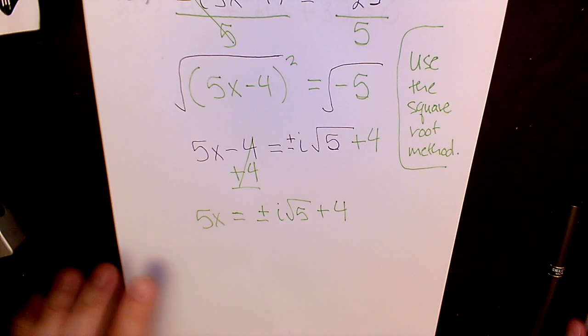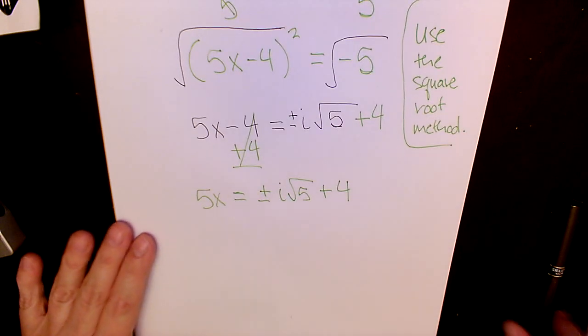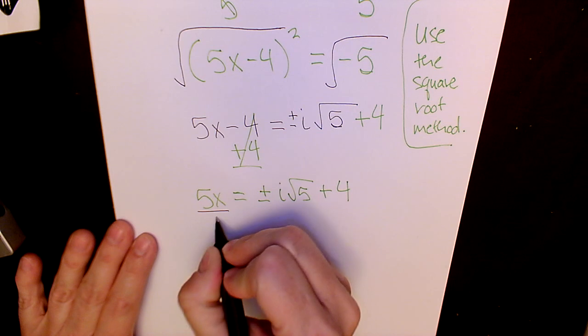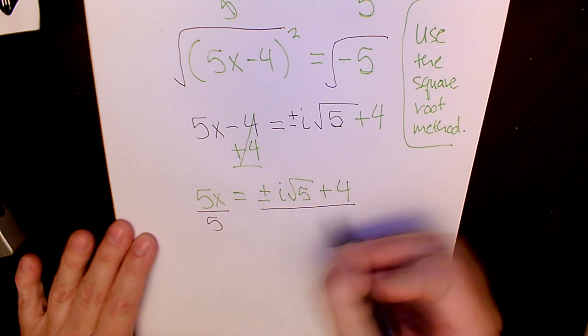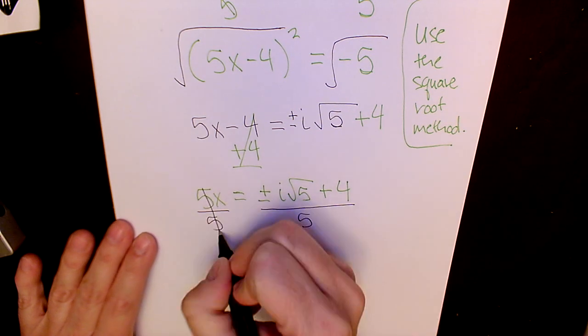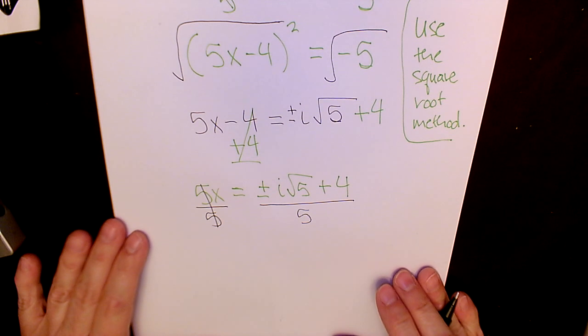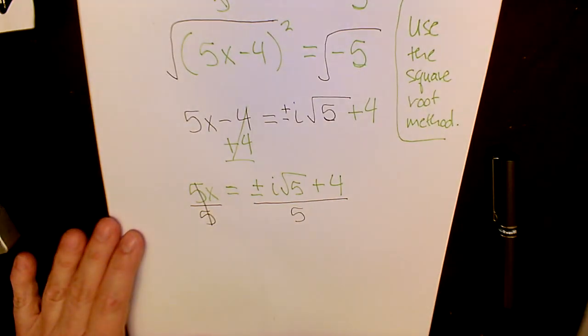And then I'm just going to divide everything by 5. Better?